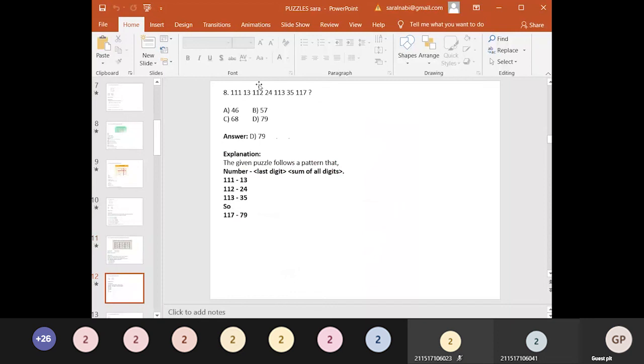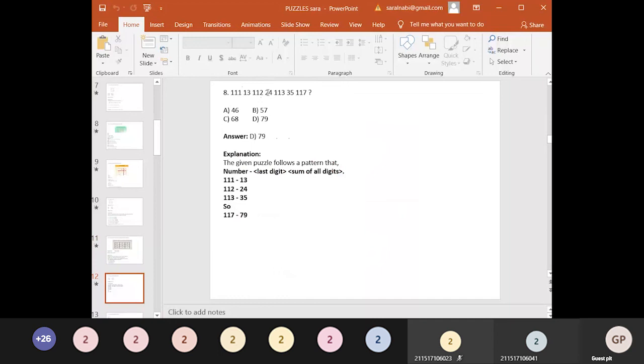And here also you can see triple one, 1 3, 1 1 2, 2 4. What is the next one? So triple one, 1 3: 1 is okay, and 3 has come by adding these three ones.